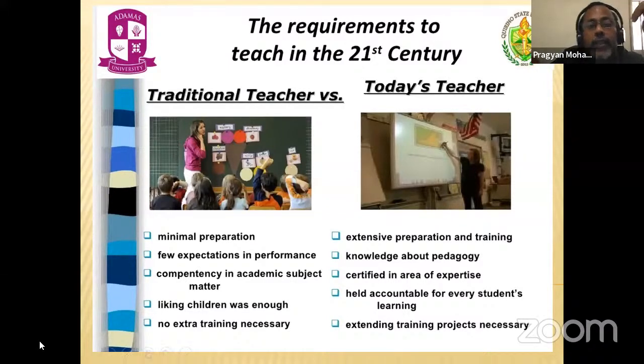And the fourth in the traditional curriculum, that is liking children was enough. It was not the question whether all the students in the class have understood that particular topic, whether they have knowledge and experiences with respect to the particular topic. That was not asked. That was not required in the traditional curriculum.